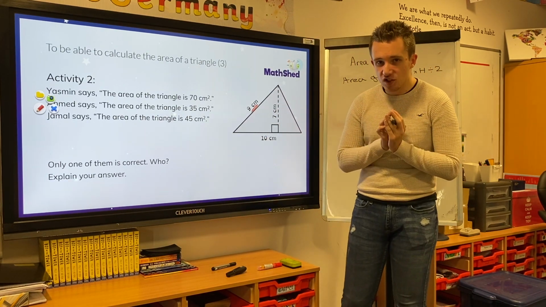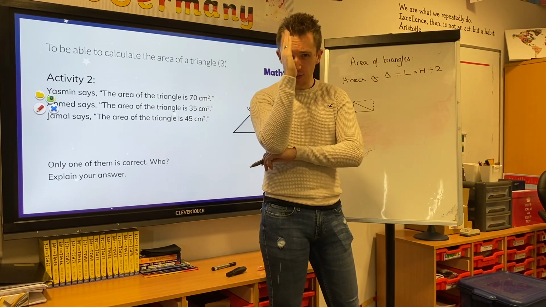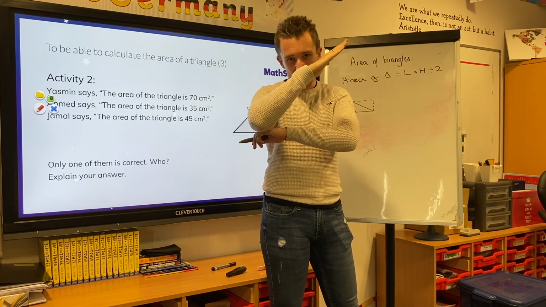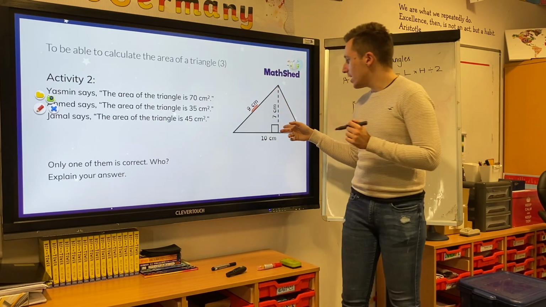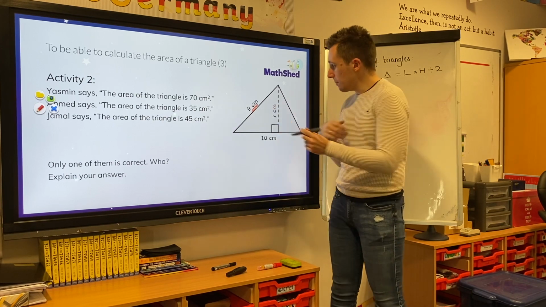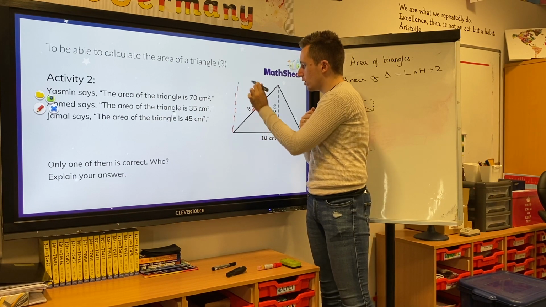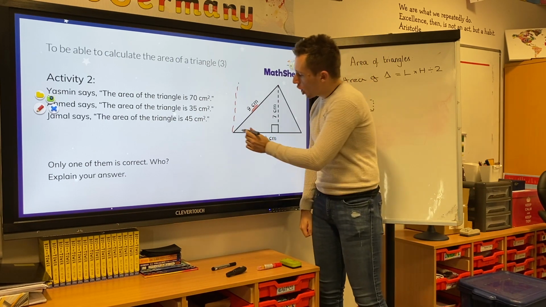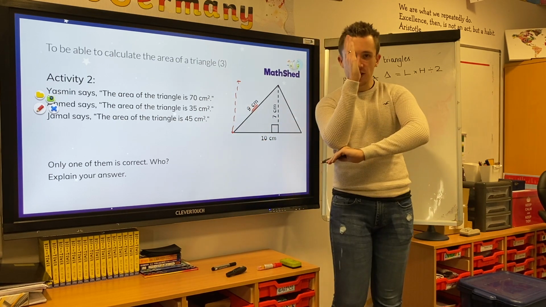Now, the height has to be in a straight line. Can't be angled. It has to be straight, which means sometimes it's drawn in the middle of the triangle. Sometimes it's drawn at the side of the triangle. And it shows us from the bottom to the top in a straight line.